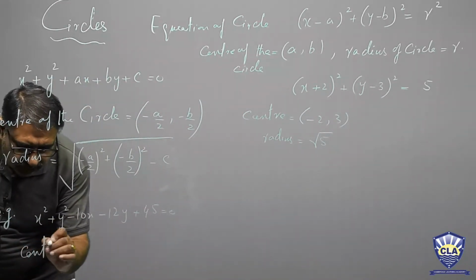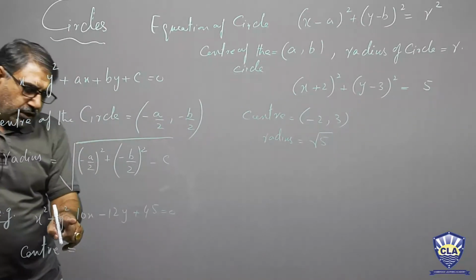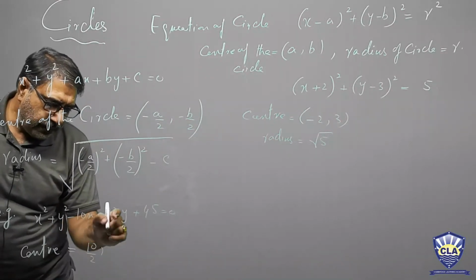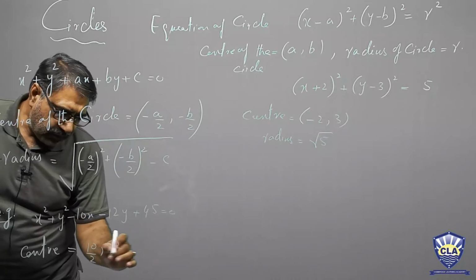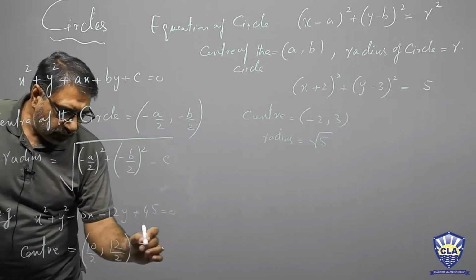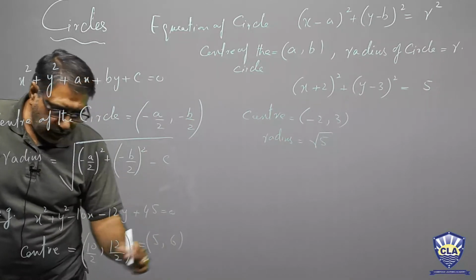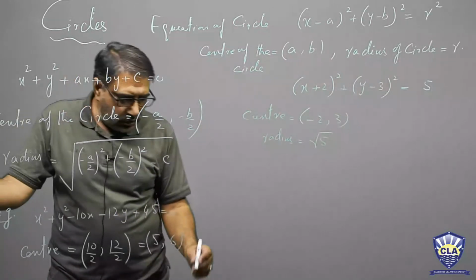Center of the circle is, change the sign, 10 upon 2, change the sign, coefficient of y is 12, change the sign, over 2, equals to 5, 6. 5 comma 6 is the center of the circle.